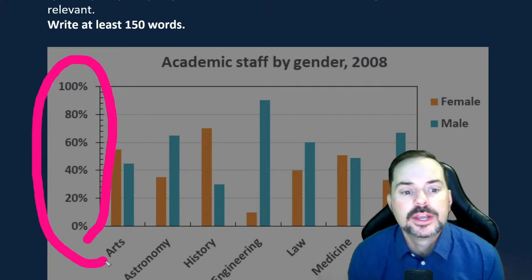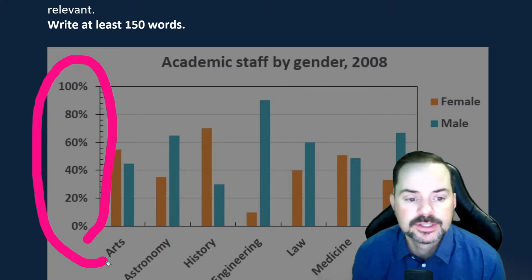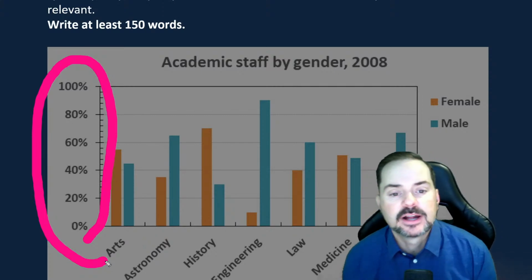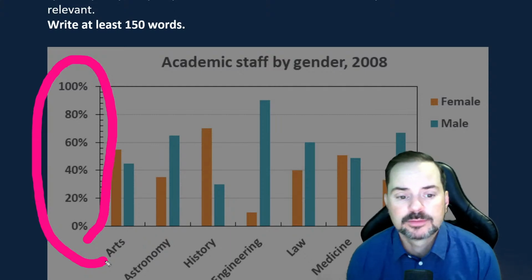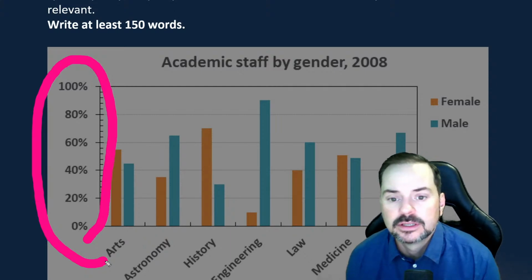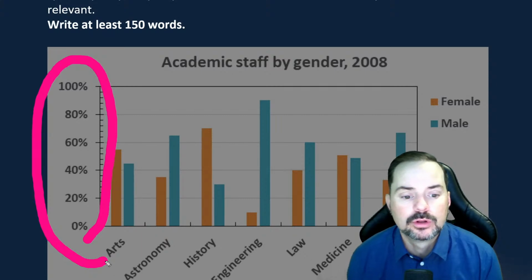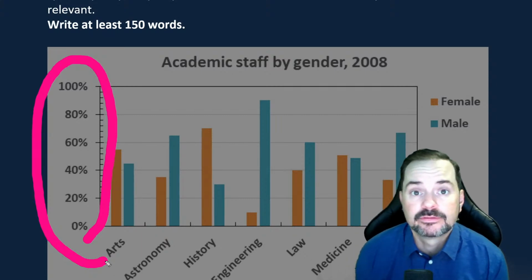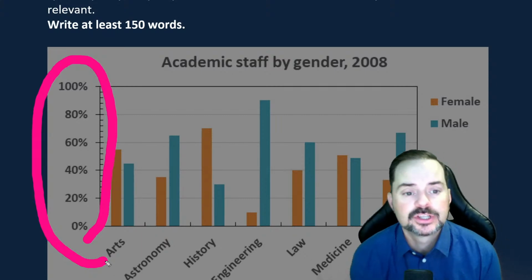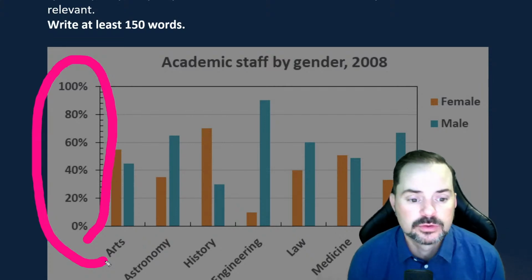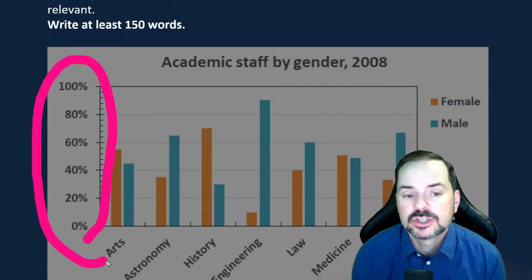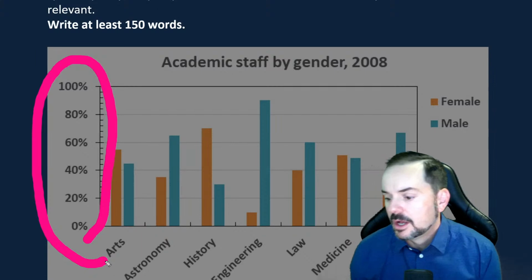We see that it's not numbers, so it's not like 5 or 10 faculty or 50 faculty, but it's actually percentages. So it's the percent of the faculty from the total. So we don't know the actual number of professors or teachers in those faculties, but we know the percentage of the individuals. So careful with that. Make sure to pay attention to that as well.